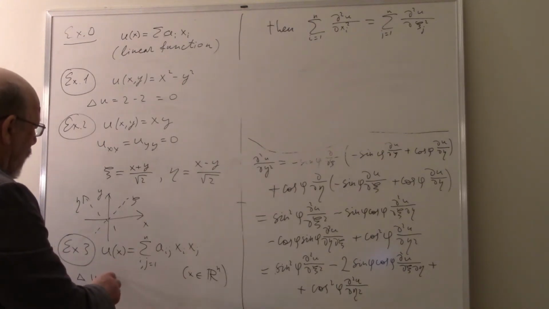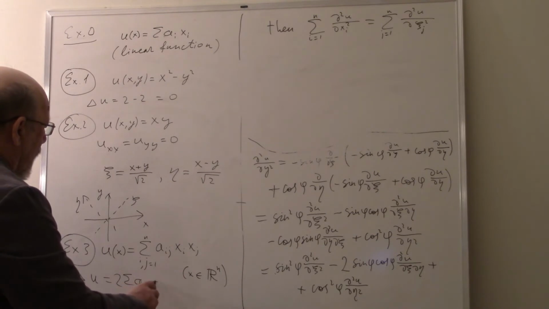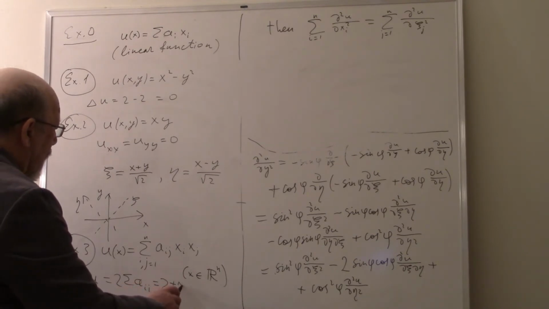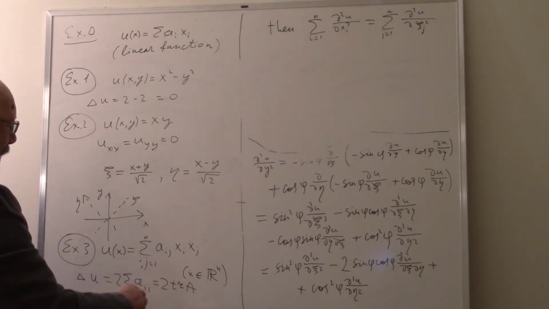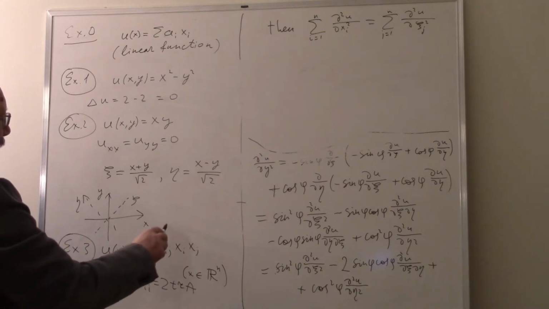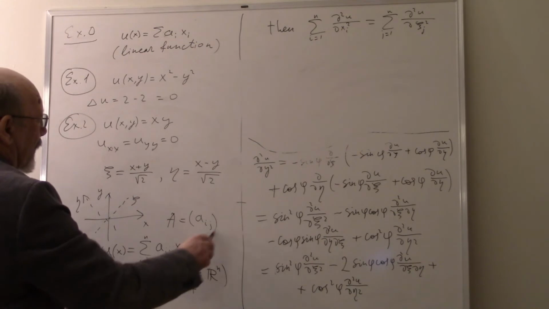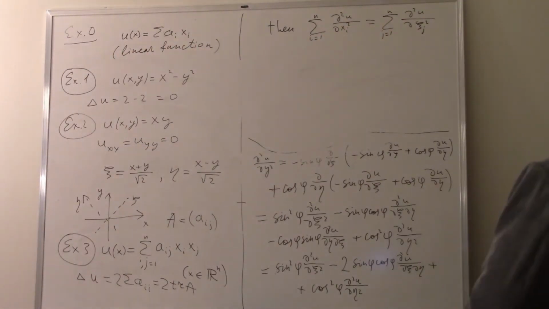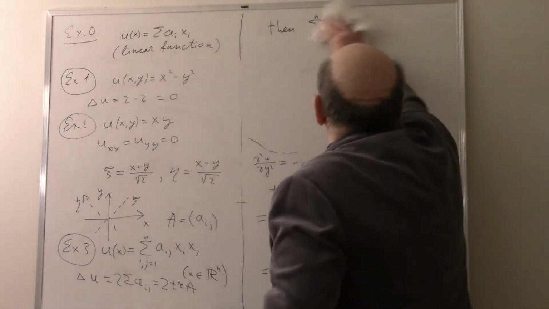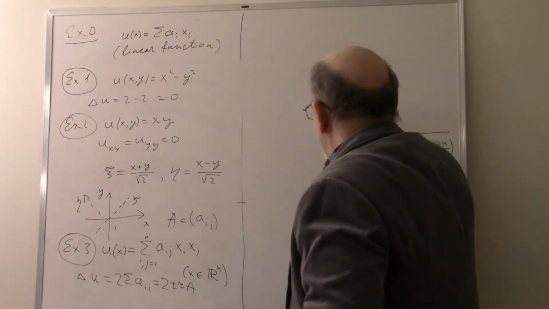So it is 2 sum a_ii, equals 2 trace A. A is this matrix with elements a_ij. Sometimes it's also useful. Now let us consider a more interesting geometrical example.